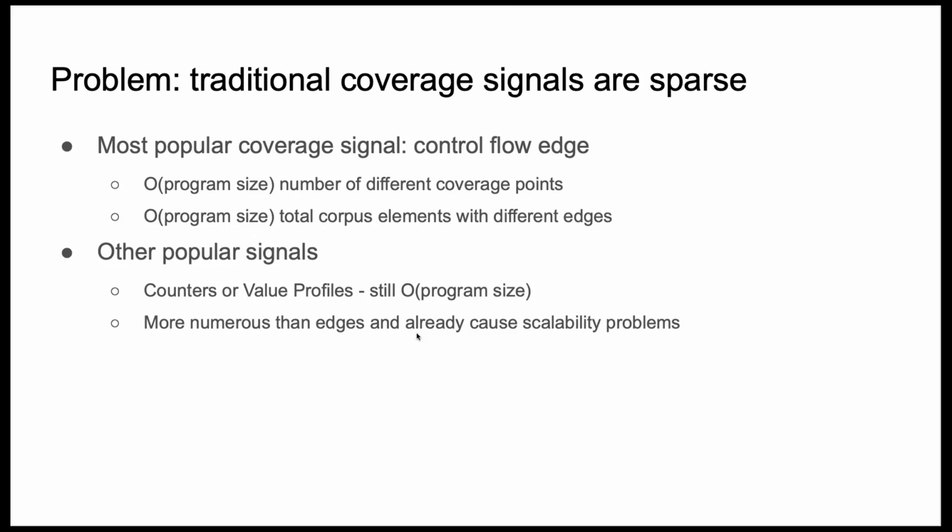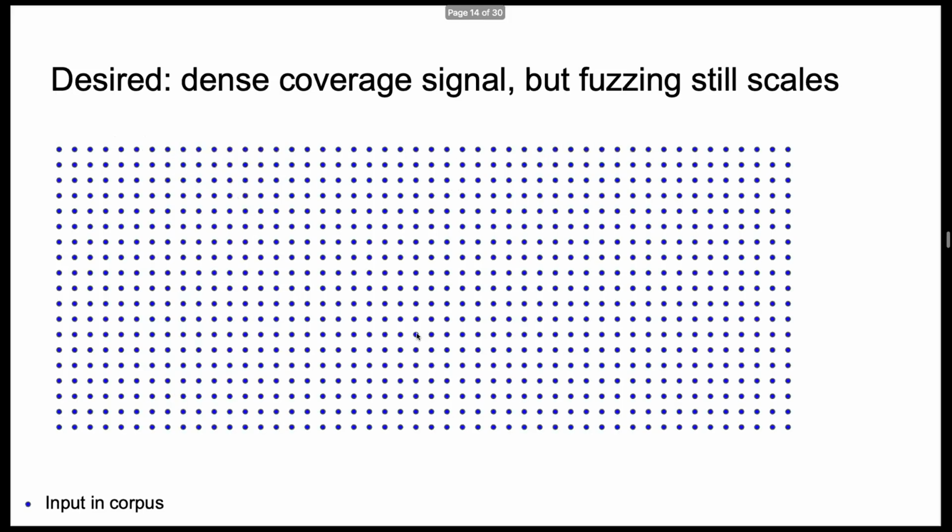They have a large constant multiplier, like you will have 8 times more counters than you have control flow edges. And even with that small constant multiplier, you already start seeing all sorts of scalability problems with libFuzzer and AFL, etc., on big targets.